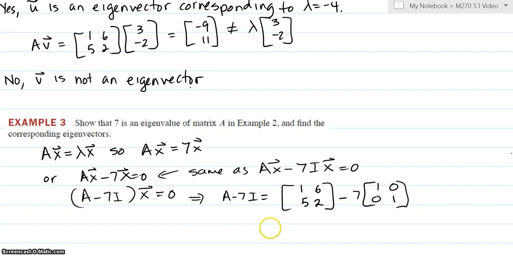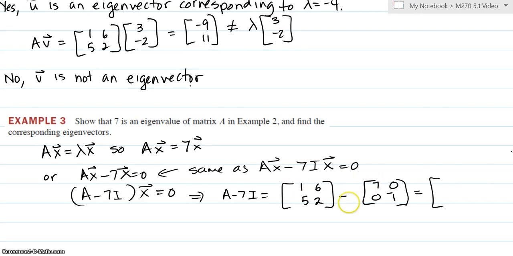So what do we get here? This 7, actually, we can put the 7 here, and that would just be 1 minus 7. This one would not change. That 0, 5 minus 0, would not change, but this would change to 2 minus 7, which is negative 5.